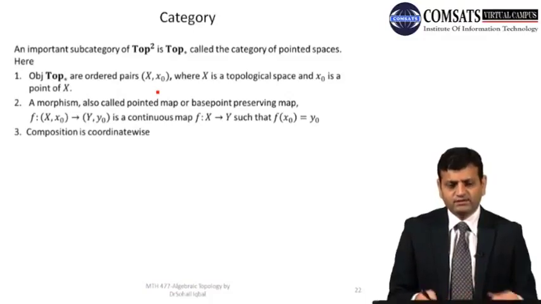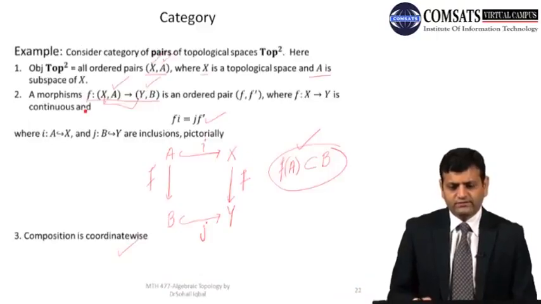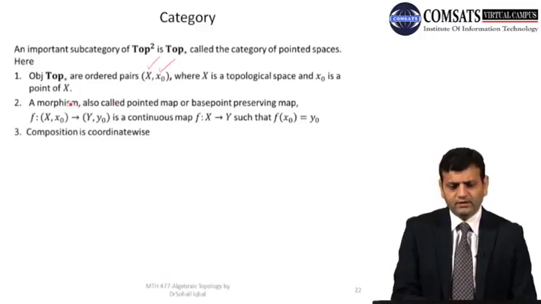In this category, instead of taking a subspace of the topological space, we just take a point from the topological space X. So how do we define a morphism? Let's go back and see the condition. f should be a continuous function from X to Y such that f of A is contained in B. In this case, our subspaces are just points.